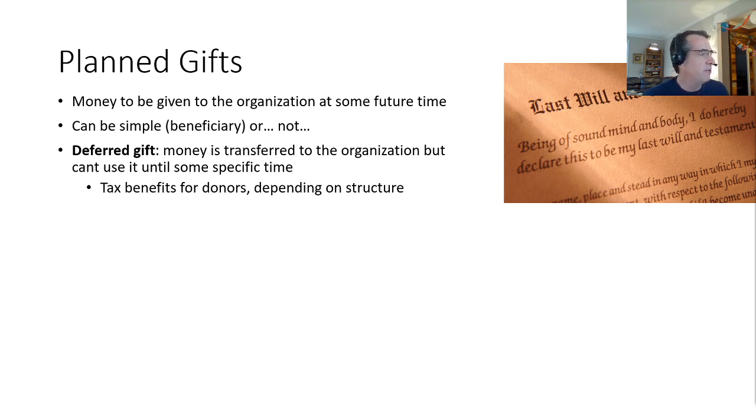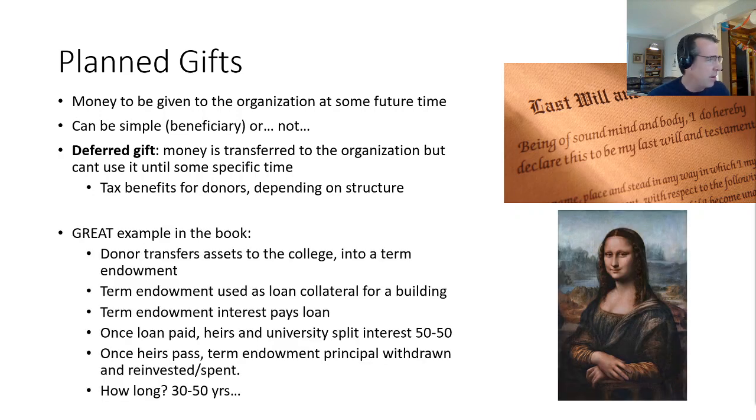The deferred gift is where we transfer it over to the organization, but they can't actually use it until some specific period in time. Why would you want to do that? First off, there are tax benefits for the donor, and second, there's a really great example in the book on page 175 with this gentleman Richard Stover, the college professor.